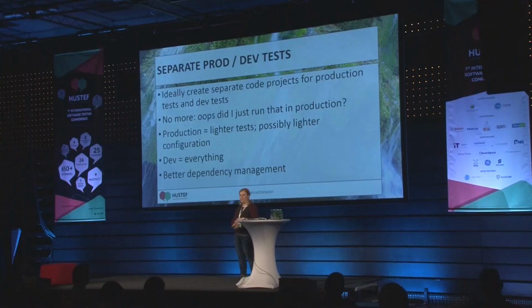And because the setup for the production project usually is lighter than what you have for the test environment, normally you would have fewer dependencies, or you would scrap a part of the helpers that you have for the test environments. So it's easier to manage your production tests, and it's a bit safer for you to run them, because in the production suite you won't have things that will drop your database, hopefully.